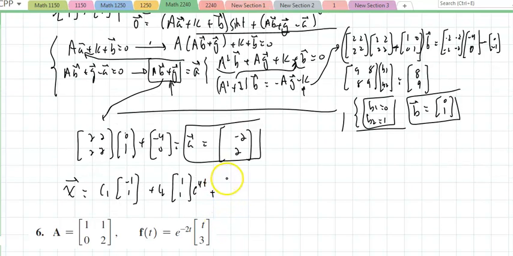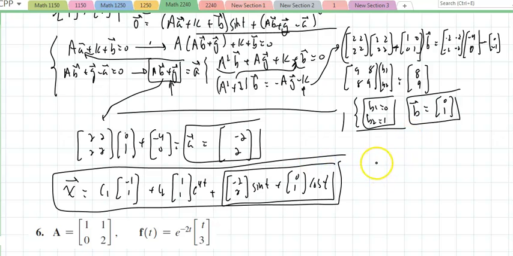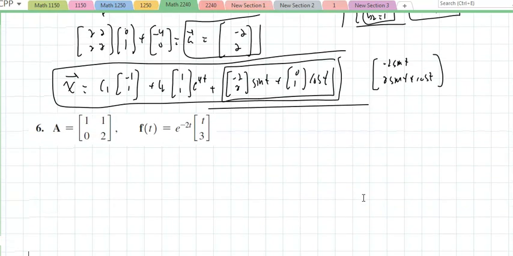A is negative 2, 2 times the sine of t, and 0, 1 the cosine of t. You could combine those into one. That's the answer. The book does that: twice sine of t plus cosine of t. That's the same thing. So I want to do an exponential, and then we're done with this.